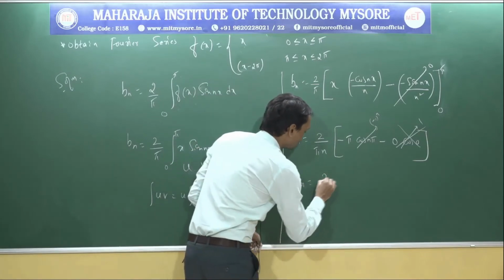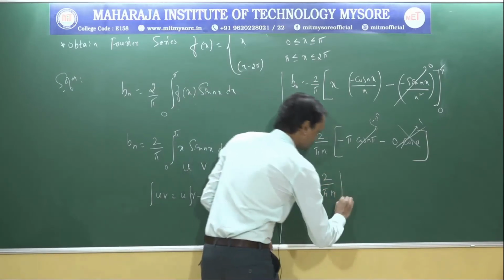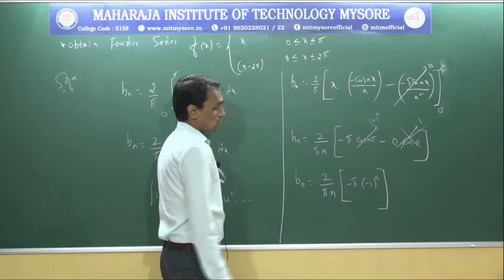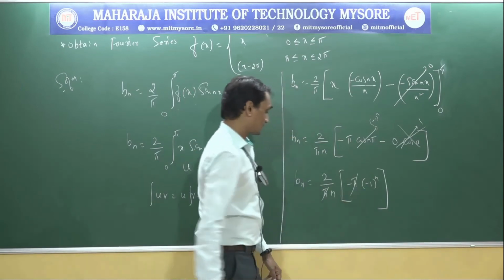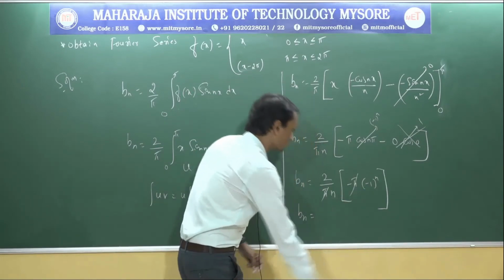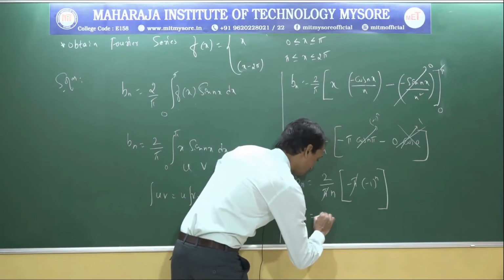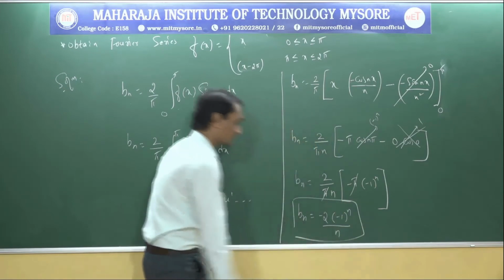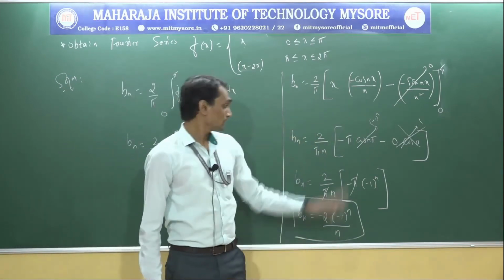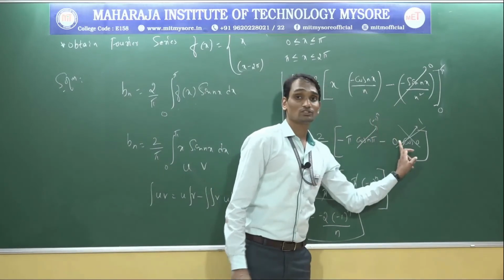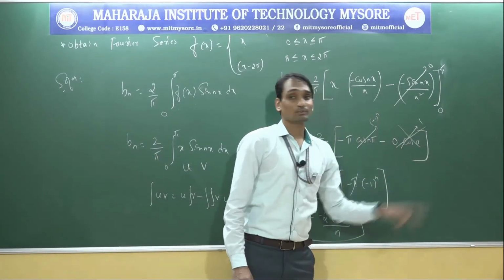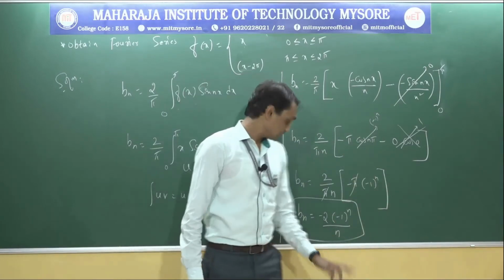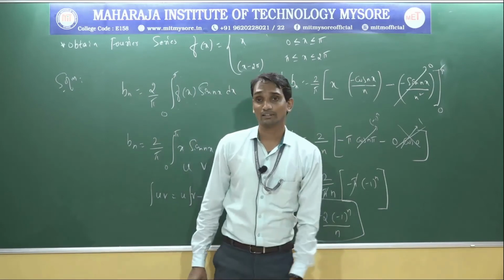That is bn equal to 2 by pi into n into minus pi into minus 1 power n. Now pi and pi cancel, and bn equal to minus 2 into minus 1 power n divided by n.